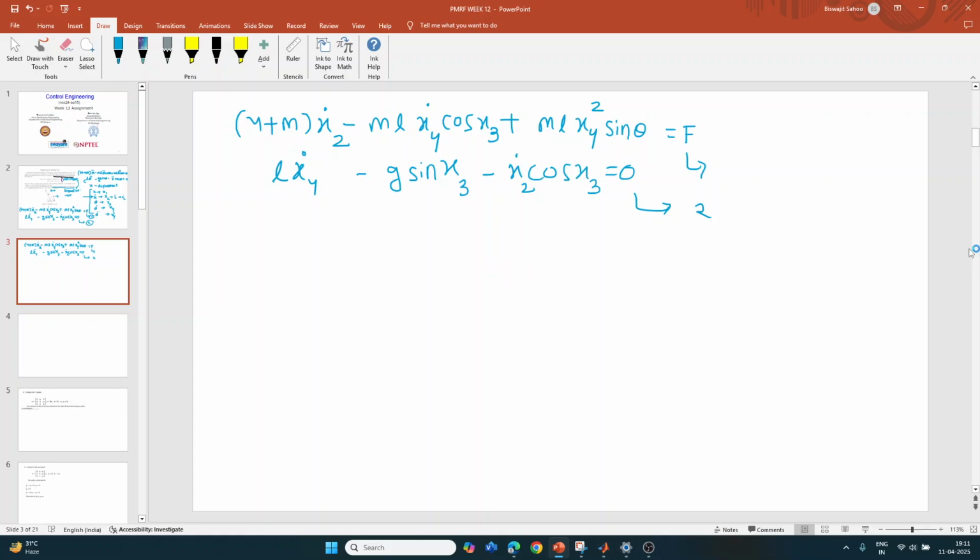These are the two equations which I have written on the last slide. I'm just taking equation number 1 and equation number 2.